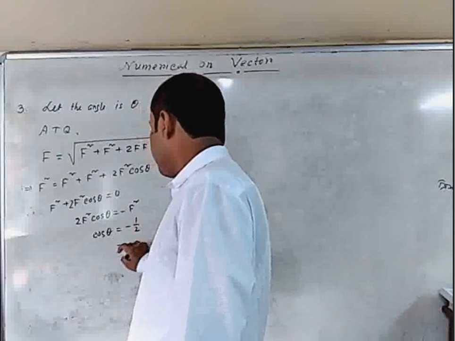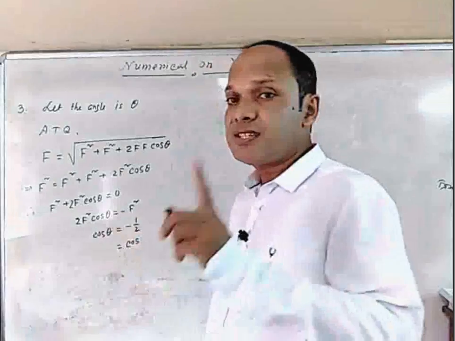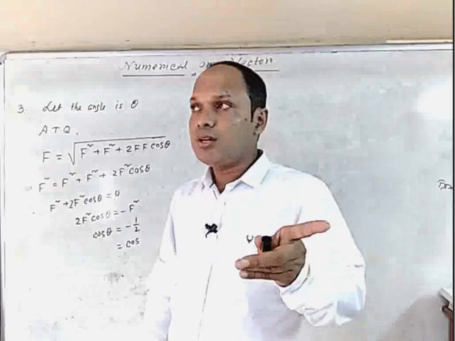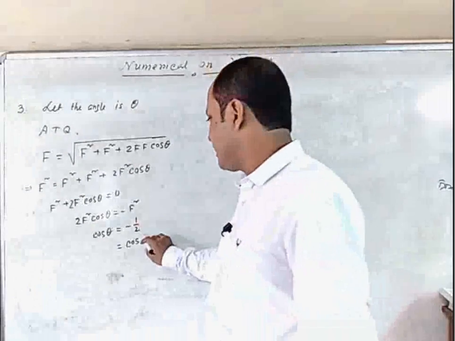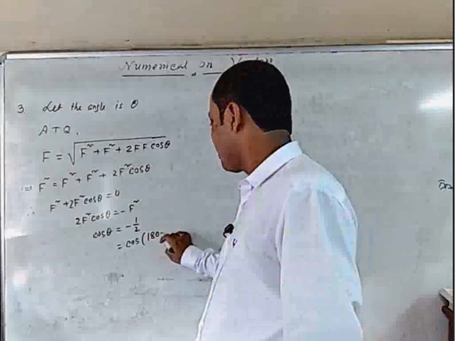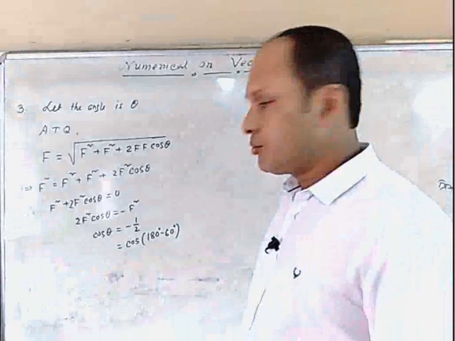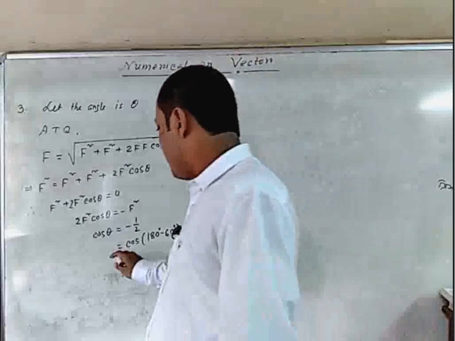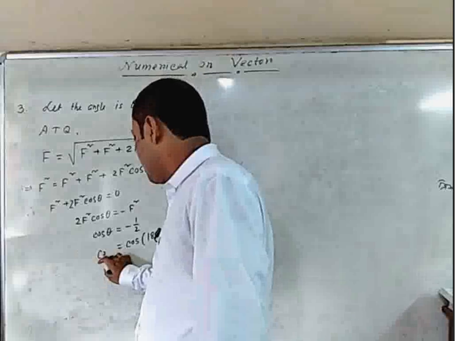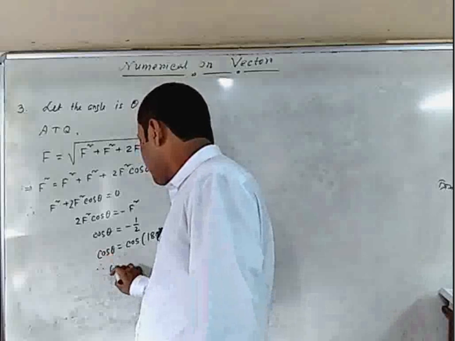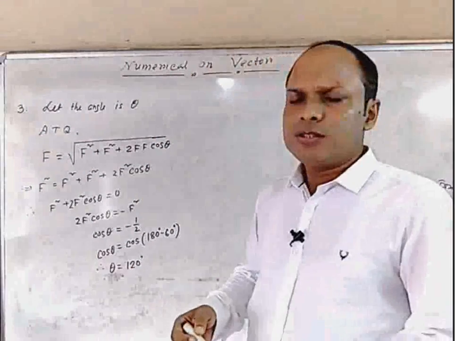Cos theta equal to minus half, and you know cos minus half is in the second quadrant. You know the value of cos 60 degree equal to half, and it is minus half, and that's why it will be in the second quadrant. So theta equal to 120 degree. Very good.